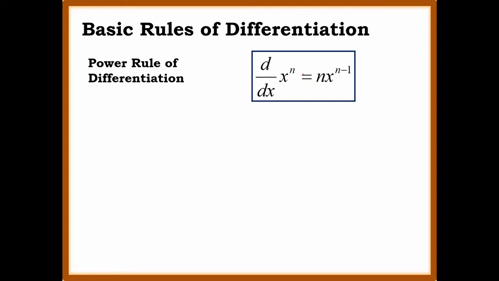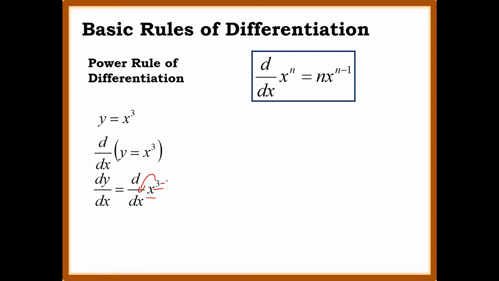Okay? For us to understand that better, we have this simple example. Y is equal to x cubed. Getting the derivative, applying to both sides, eto na tayo. We have x raised to a constant 3. Ang gagawin natin, ibababa natin si 3, i-multiply natin kay x, tapos bawasan natin ng isa si exponent.